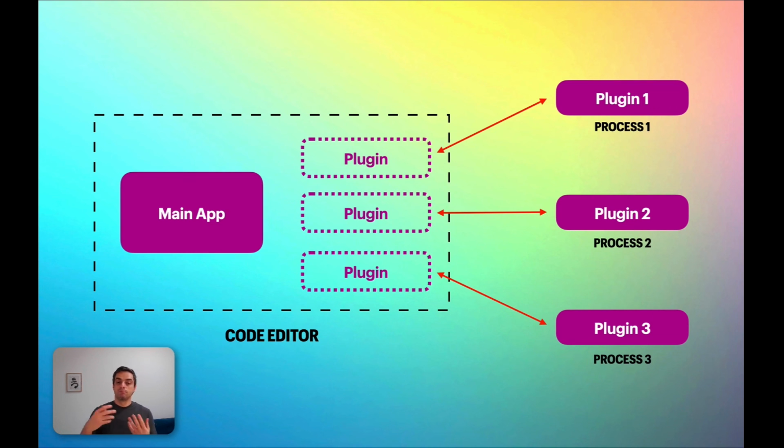So for example, plugin number 1 is doing syntax highlighting for you, giving you back the data in the main app. The second plugin can be doing on-demand code formatting for you, giving you back the results into the main app, and so forth and so forth.